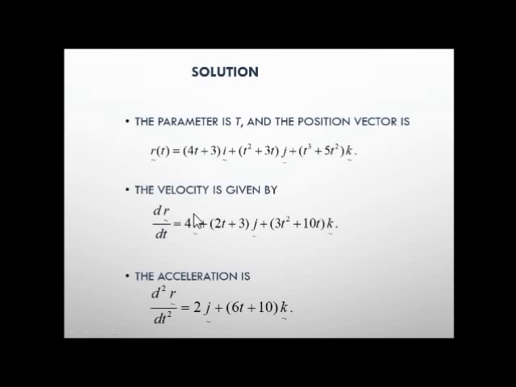If you find dr by dt, you get 4 i cap plus (2t plus 3) j cap plus (3t square plus 10t) k cap. Now the acceleration is given as the double derivative, d square r by dt square. You find 2 j cap plus (6t plus 10) k cap.